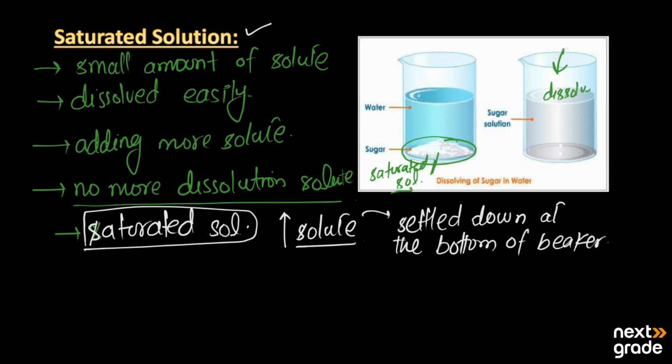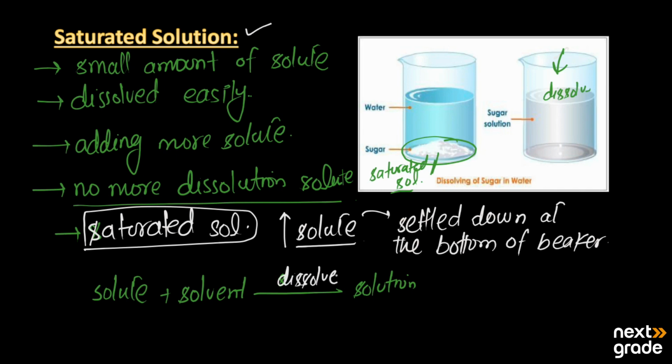On the other hand, a level of equilibrium is established when we have the saturated solution. For example, when we add the solute in the solvent, we get the solution, and the solute is dissolved in it.